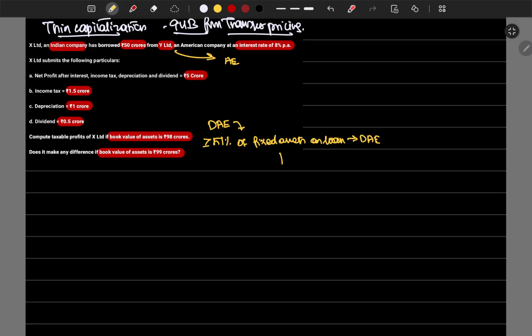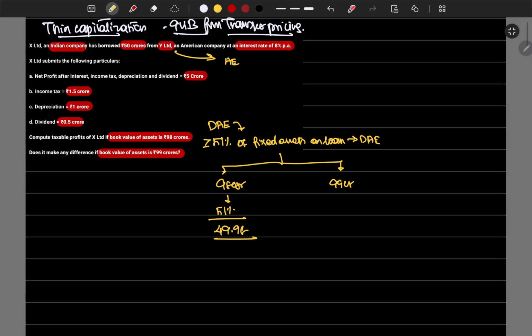Now two scenarios they have given: 98 crores and 99 crores. 98 crores into 51% is 49.98, so this is DAE, because they have given a 50 crore loan.